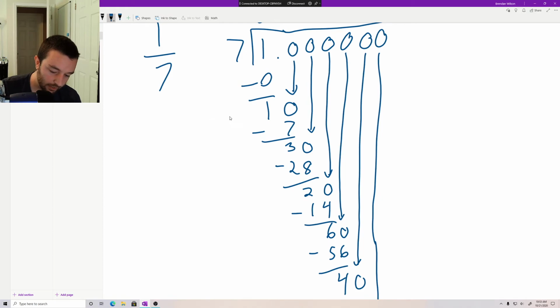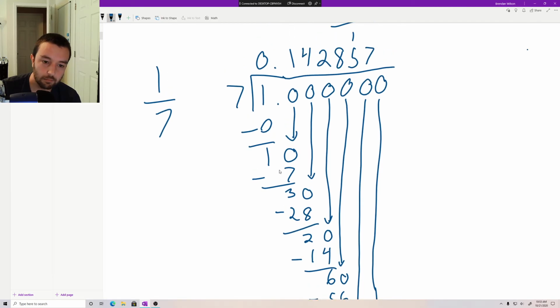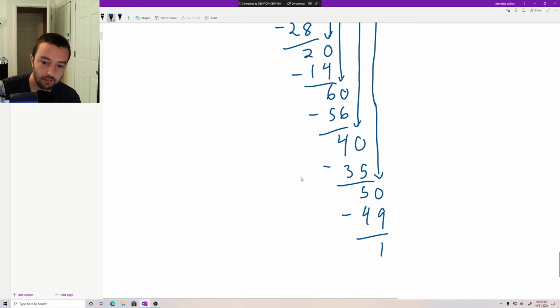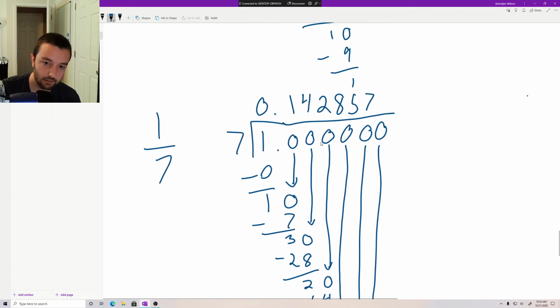And now we see, okay, now we got this 1 back, which is what we had originally. So if I kept going, I would have 10 here, right? I would add a 0 and bring it down. And then I'd have 7 goes into that 1 time. And then this whole pattern would just repeat again, right? Until eventually I came back to 1. So once I start getting that same digit, we're done here, okay? So this whole thing is repeating.